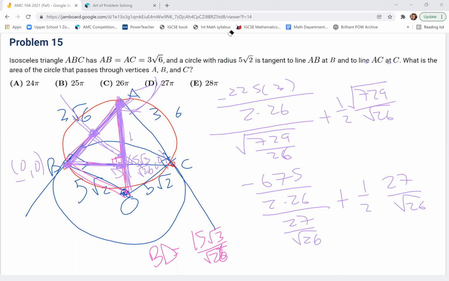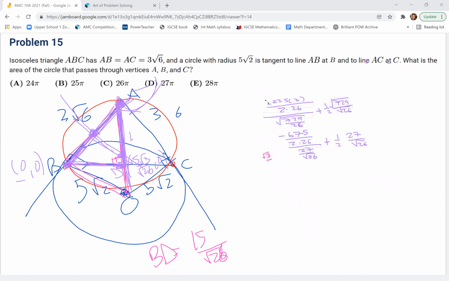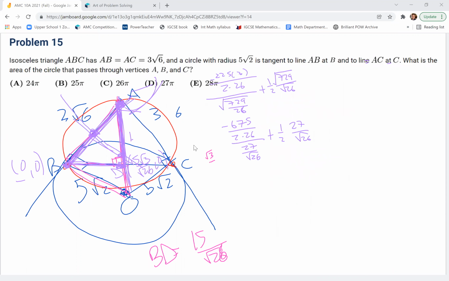So we can write that as what? Negative 675 root 26 over 2 times 26 times 27 plus 27 over 2 root 26, right? 675.